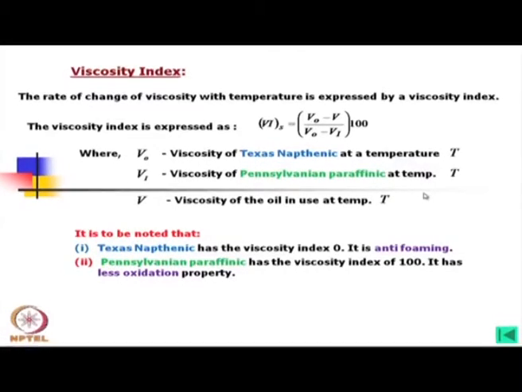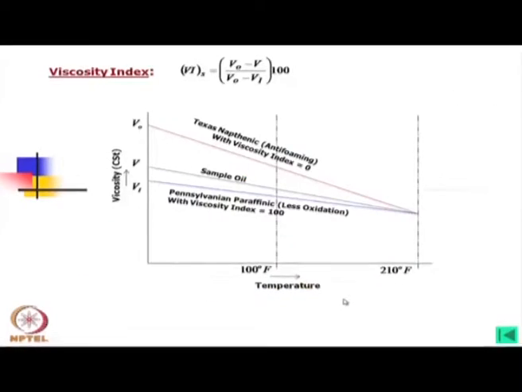It has very good anti-foaming property, whereas Pennsylvanian paraffinic has the viscosity index of 100. It has less oxidation property, whereas not the anti-foaming. Now, it is presented in graphical form in the next slide.